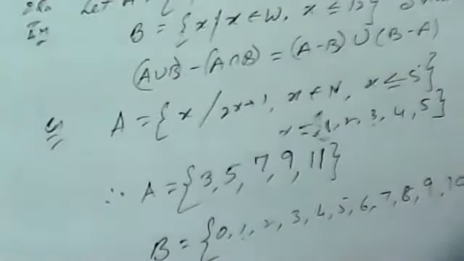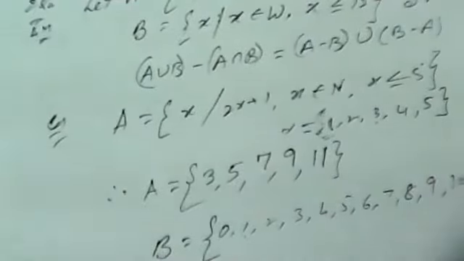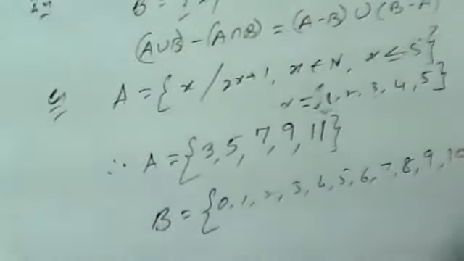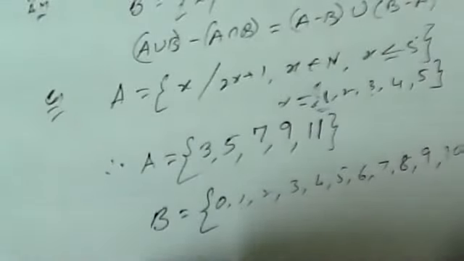Okay? These are the elements of set B. So for finding out A union B minus A intersection B, let us find out A union B. So what is A union B?